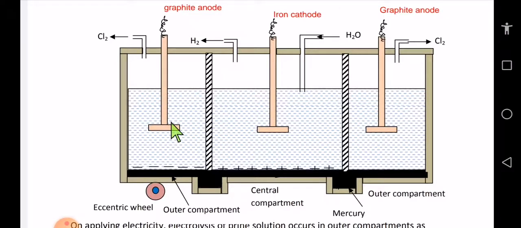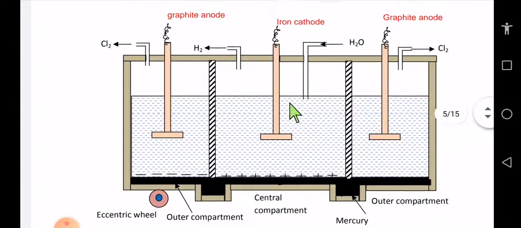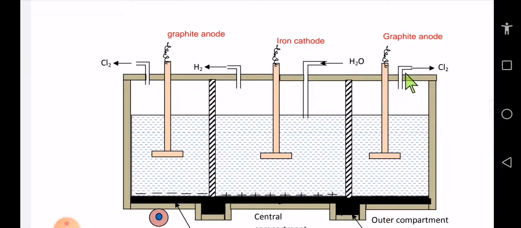Cl minus ion migrates towards the graphite anode, where it loses an electron and is converted into chlorine gas, Cl2 gas, which escapes out from the outlet.